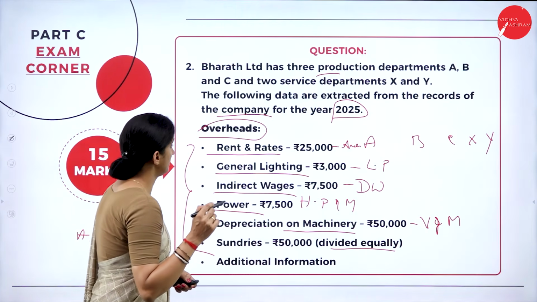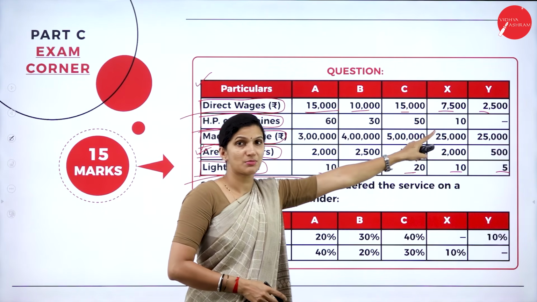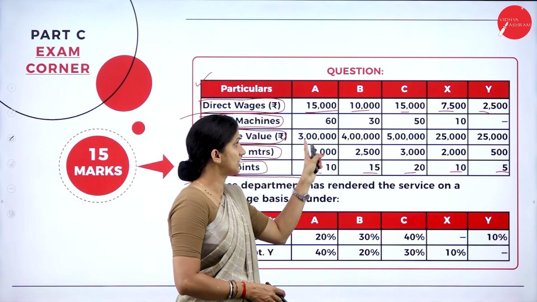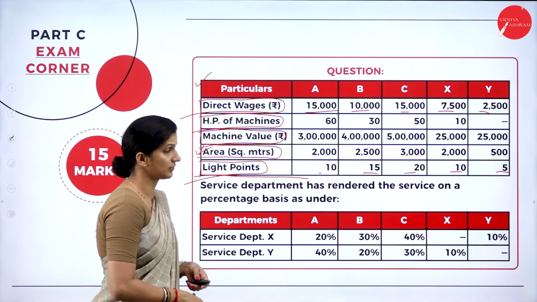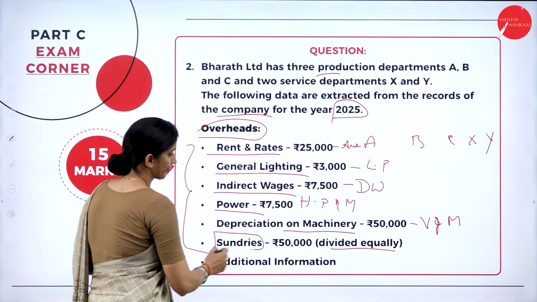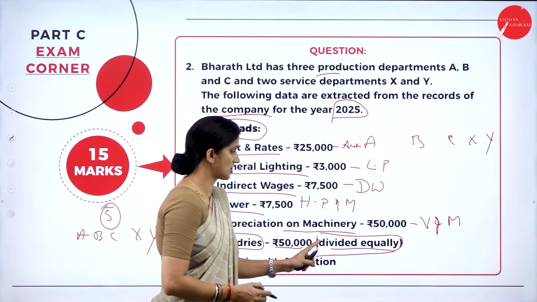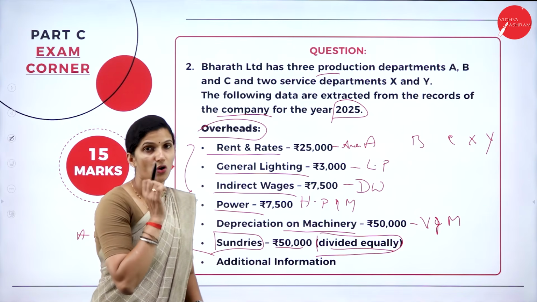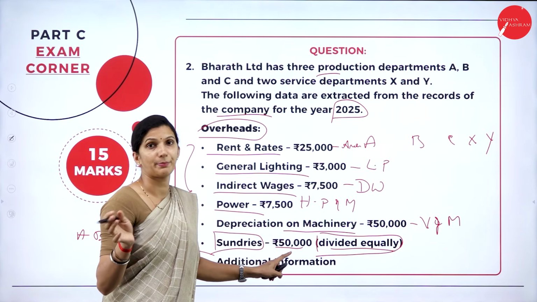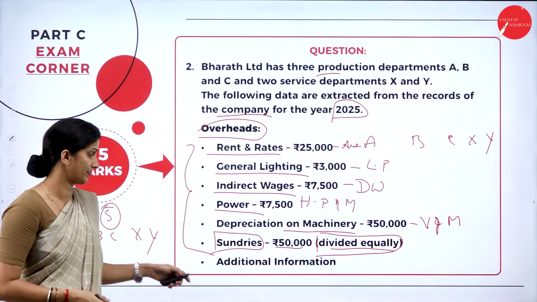Department-wise, the machine value is given here, so this ratio will be taken to allocate the depreciation. Next we have sundries. Sundries of 50,000, as clearly given in the bracket, will be divided equally. So 50,000 across 5 departments means each individual department gets 10,000.